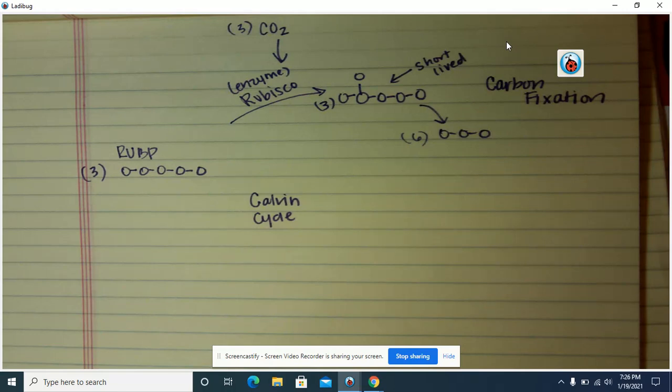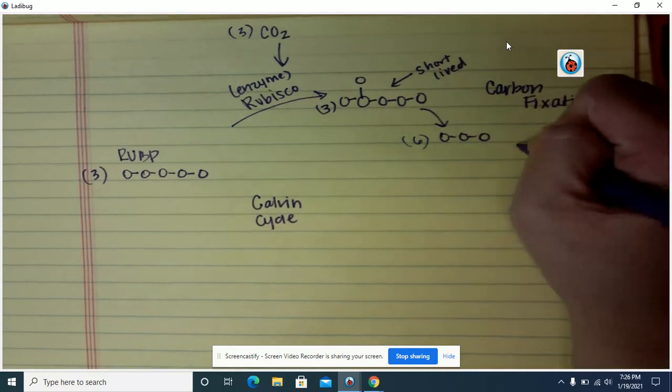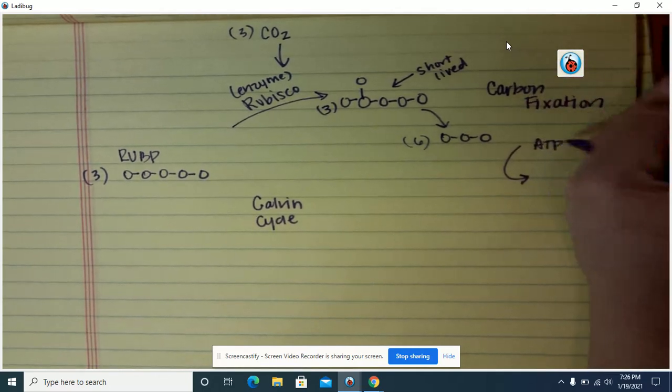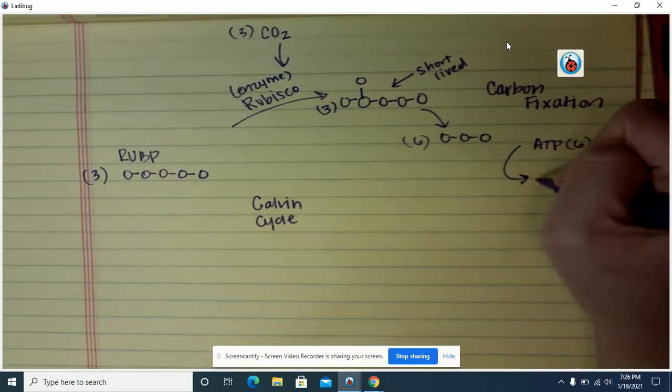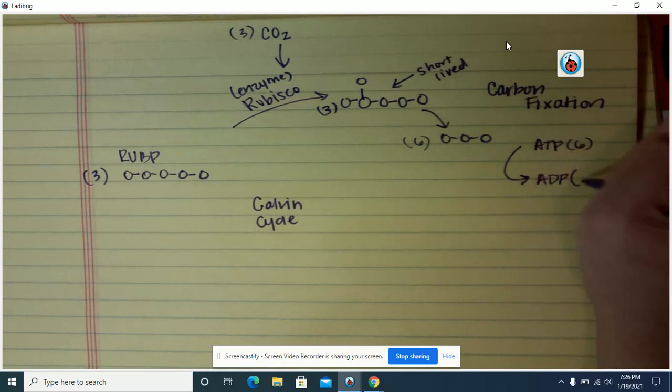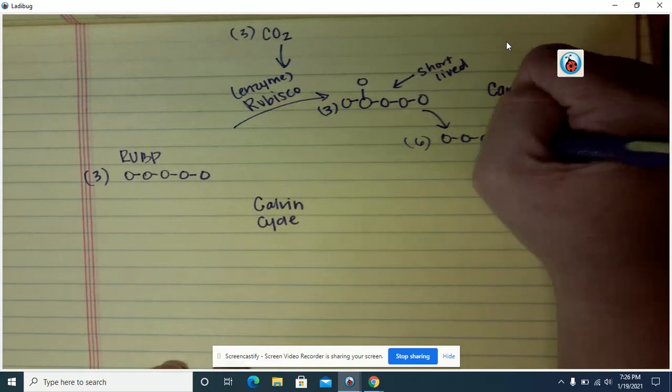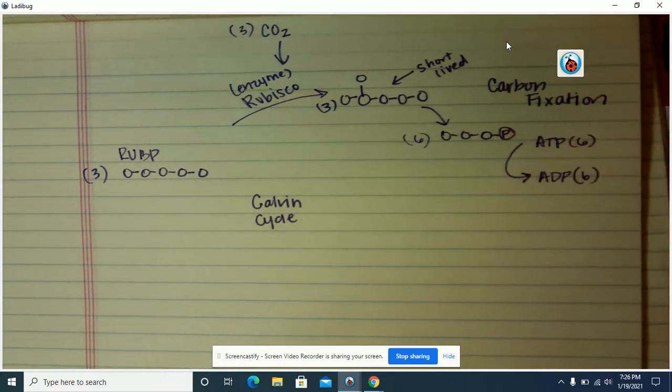And that phosphoglycerate is almost immediately phosphorylated. And so we have 6 molecules of ATP that become 6 molecules of ADP. Like we've seen before, we have a phosphorylated molecule here.